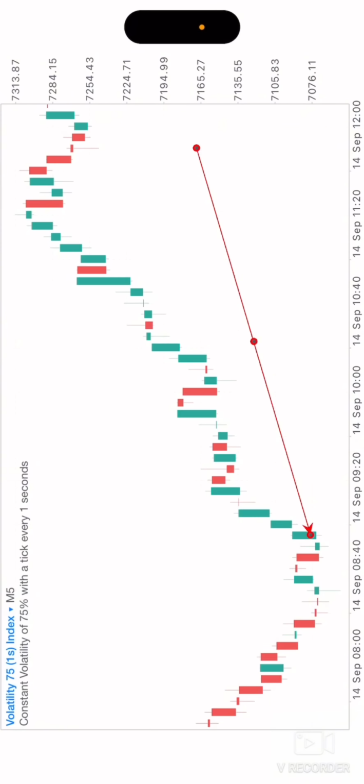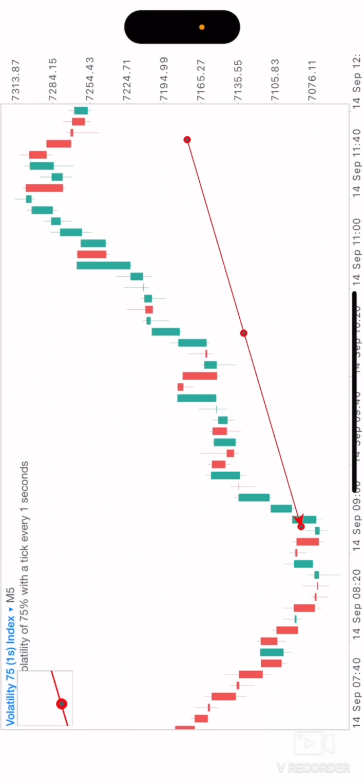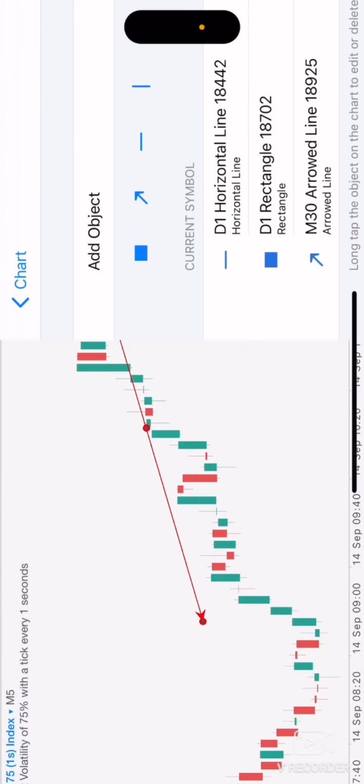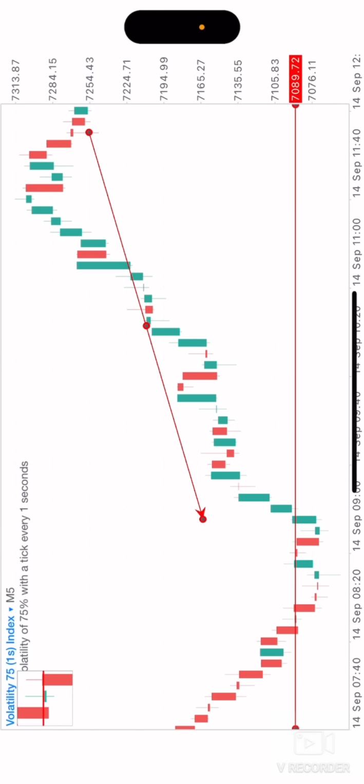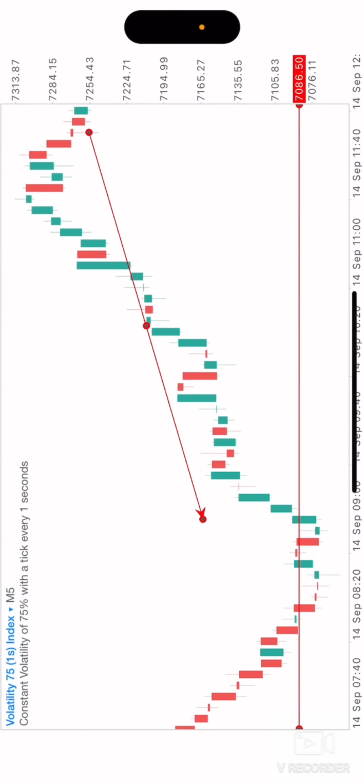Now, let's calculate how much you'll be risking if you executed your trade at this point, and let's see how much you are likely to make if you took this trade. Now, let's just say your entry is 7.